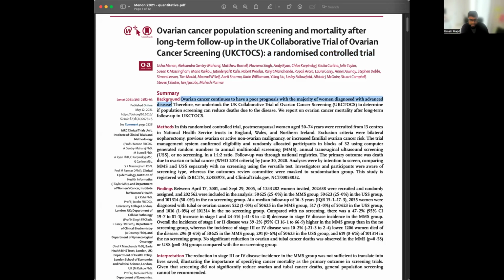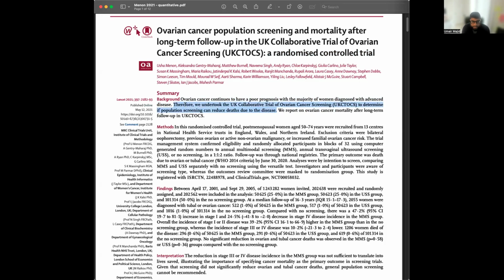Why are we looking at ovarian cancer? Ovarian cancer continues to have poor prognosis with the majority of women diagnosed with advanced disease. Therefore, and this becomes the objective for the particular study. We talked about the broad aspect of why ovarian cancer. Now they're focusing on their study. Therefore, we undertook the UK collaborative trial of ovarian cancer screening to determine if population screening can reduce deaths due to disease.